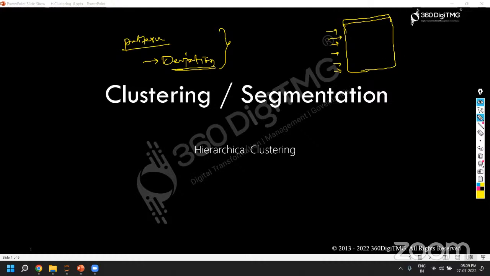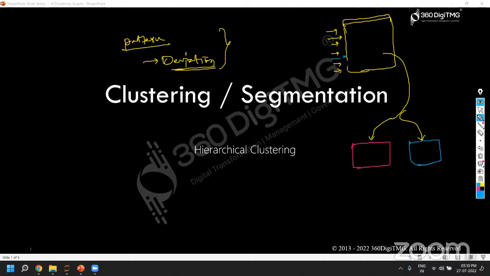If I identify the records which are similar to each other, I can group them. For example, here I will have a group: all the records which have specific characteristics, I'm putting them here. Then similarly, I'll have another group, which I'll put in blue color. These will have different characteristics.